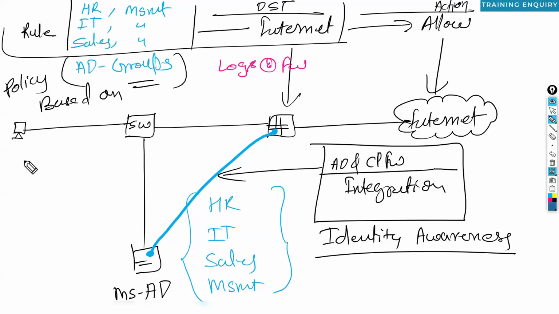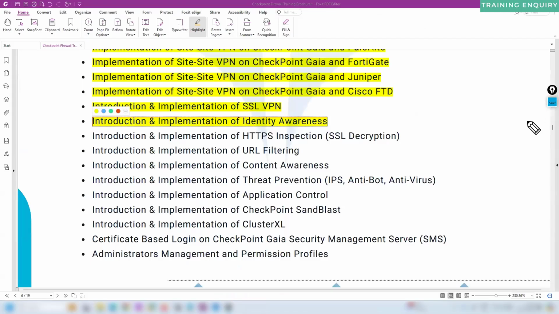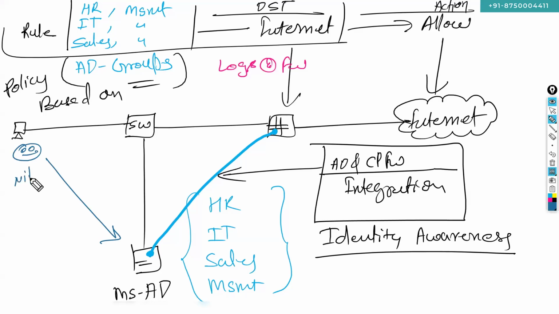For example, there is a username. Who is the user now? Okay, for example, we have here Nitin. So this is the Nitin user. Nitin user will join the AD. Suppose it belongs to IT here.